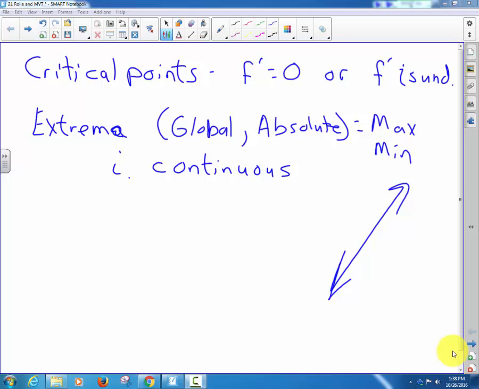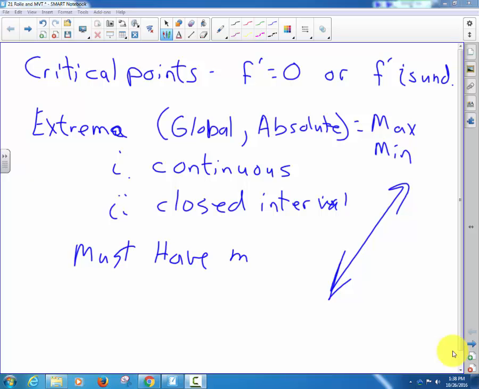Continuous and something. Yes, closed interval. Okay. So we talked about yesterday, if it's continuous and if it's a closed interval, then it must have a max and min. All right? Must have a max and min.